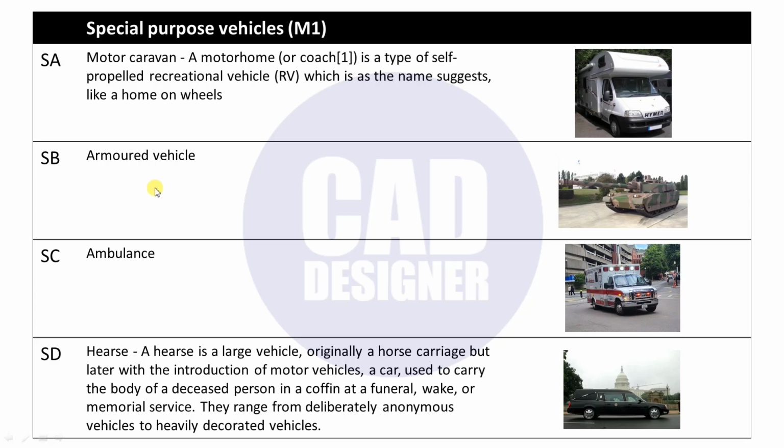Then SB is military type vehicles, like this tank, and they come under the SB category. Then ambulances come under the SC category. And then in SD, suppose they want to carry the coffin of a person at a funeral, then this type of vehicle comes under the SD category.